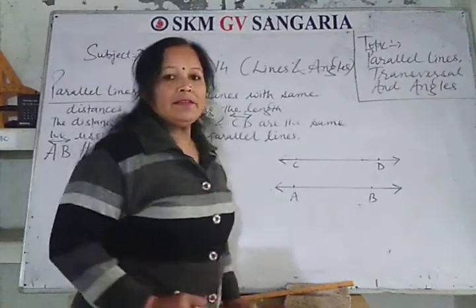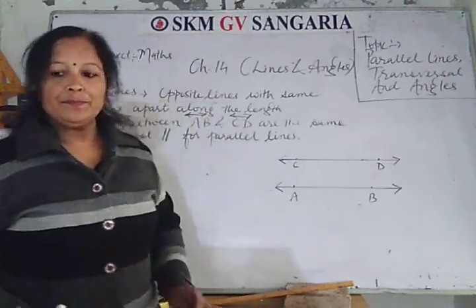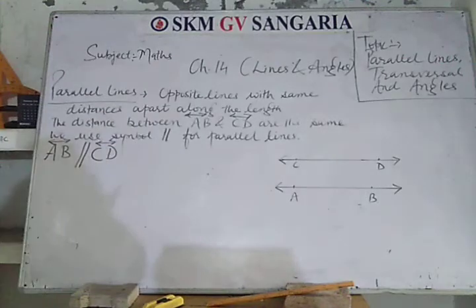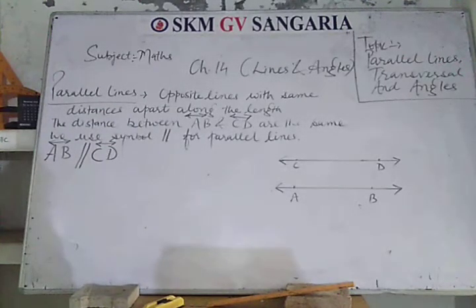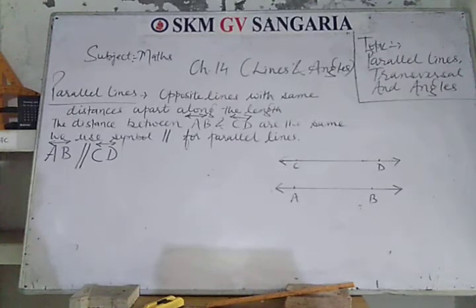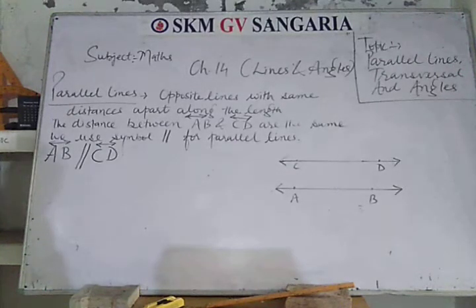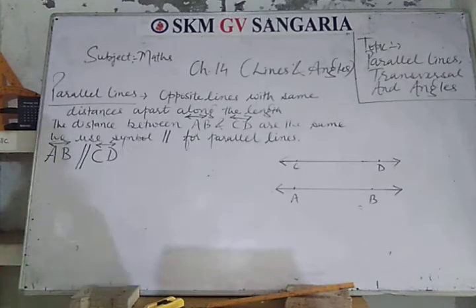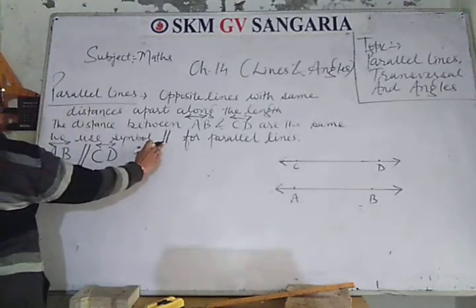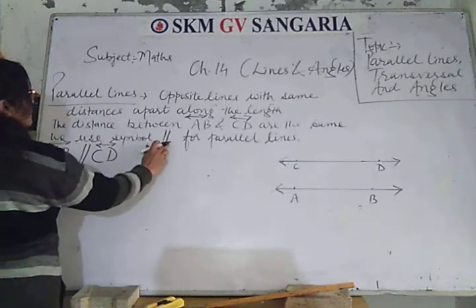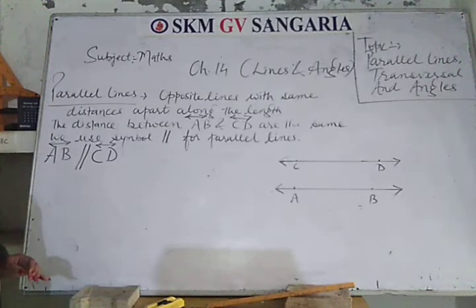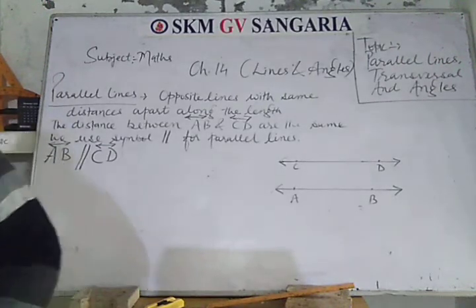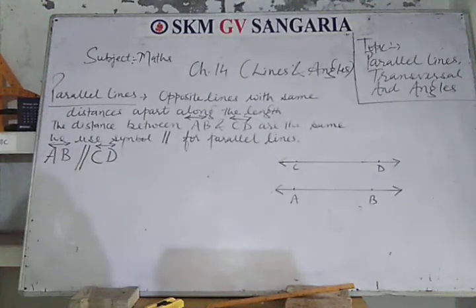The distance between AB and CD is the same and these lines can be extended endlessly in either direction. The lines AB and CD are called parallel lines. We use this symbol for parallel lines.